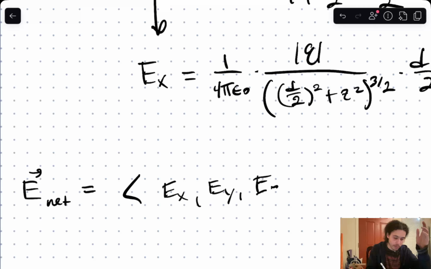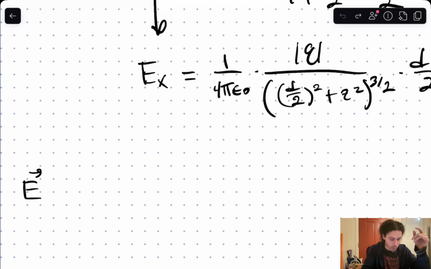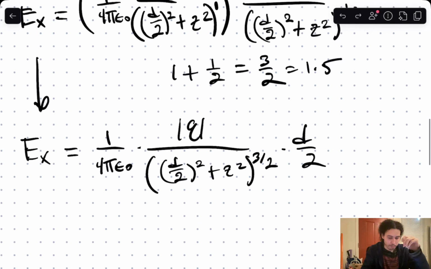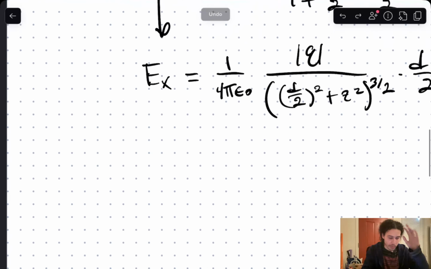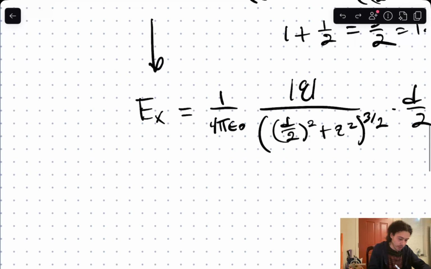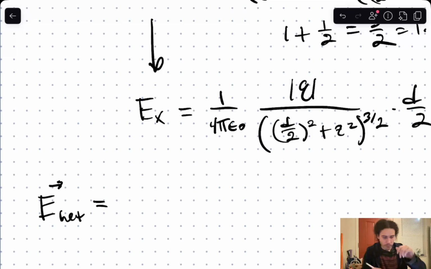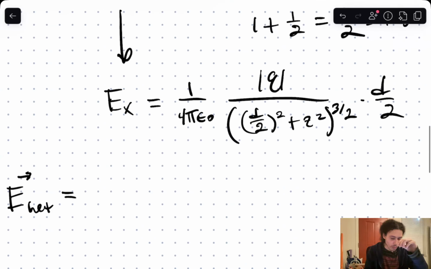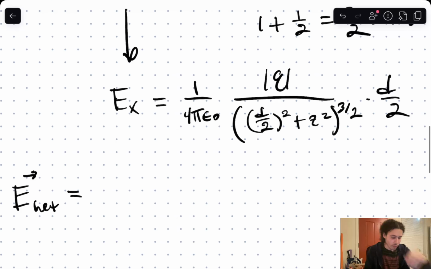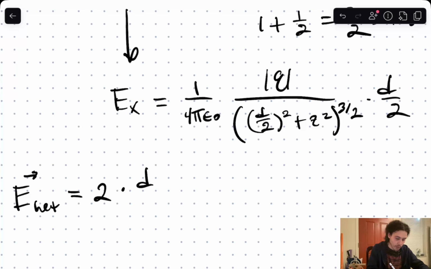We're not going to write it in this form. What I'm going to do is say E net is two times d over 2, just rearranging.